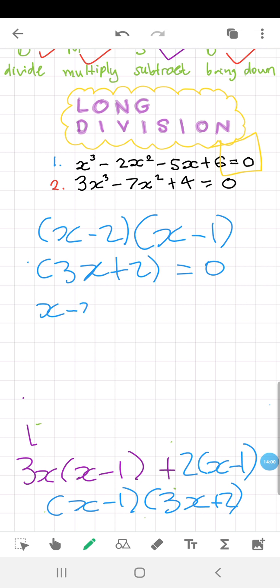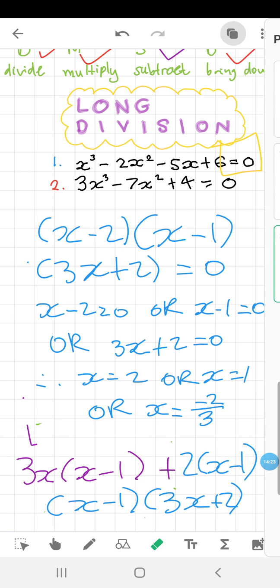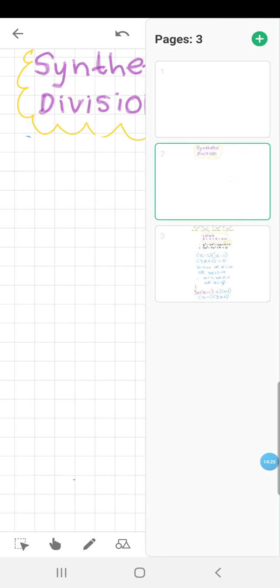So x minus 2 is equal to 0, or x minus 1 is equal to 0, or 3x plus 2 is equal to 0. Therefore, x is equal to 2, or x is equal to 1, or x is equal to minus 2 over 3. And there you have it. Let us get into synthetic division.